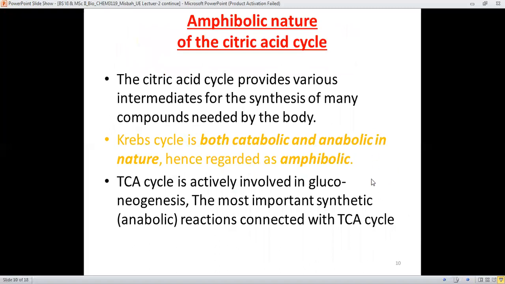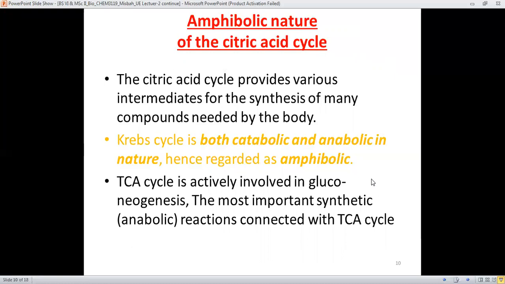Here is the nature of the citric acid cycle, and the nature of the citric acid cycle is amphibolic. Amphibolic means the cycle has both catabolic and anabolic activity. It means that it's catabolic in the sense that it can break down, and it can produce new compounds as well.